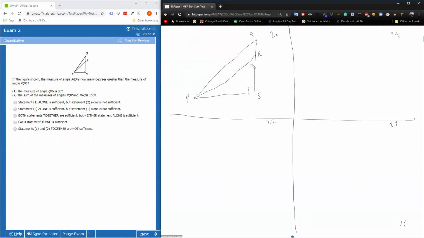So we're talking about this guy and this guy. Okay. Measure of angle QPR is 30. So this guy here is 30. What else does that tell me? I don't think much.